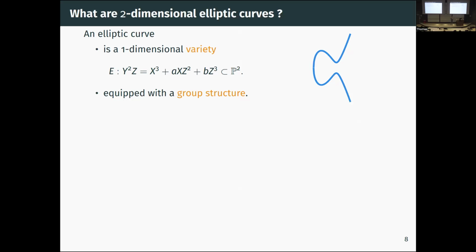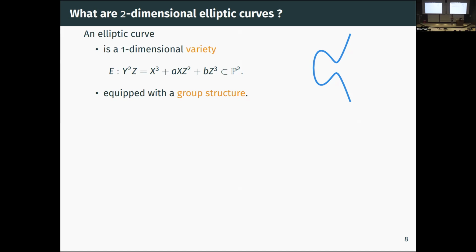To say this in more mathematical terms, an elliptic curve is a variety. This just means it's defined by some equation. So here, like the equation y squared equals x cubed plus ax plus b. And as such, a variety, it has dimension 1. And in general, that's true for any curve. It's what you would expect from a definition of dimension. If you have a curve, that's some object of dimension 1.